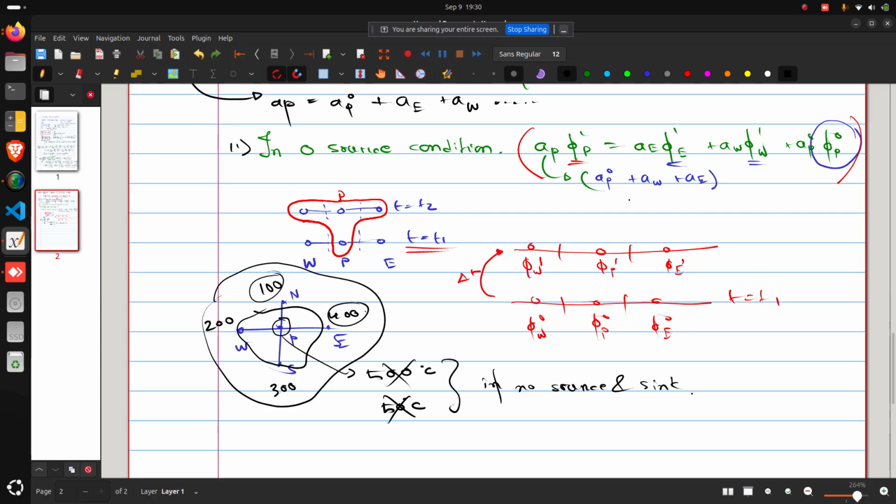Now if you compare with the elliptic problem where we had a steady state solution, A_nb and phi_nb, these are the neighboring values in space, but here we have an additional neighbor, which is a neighbor in time.